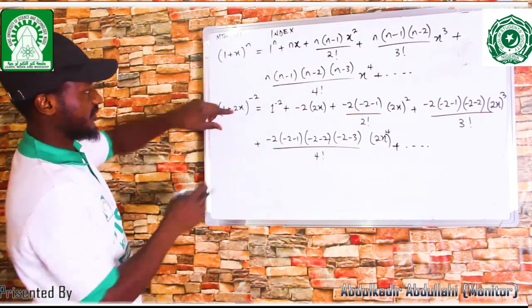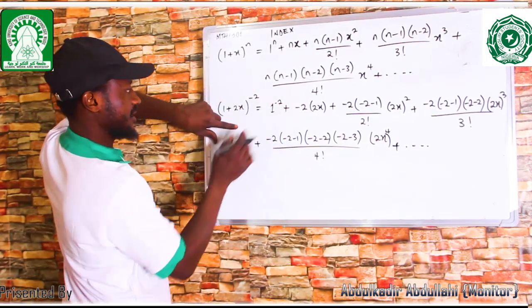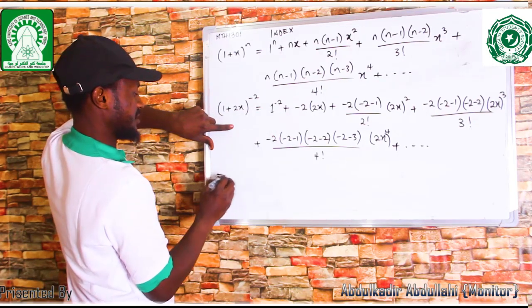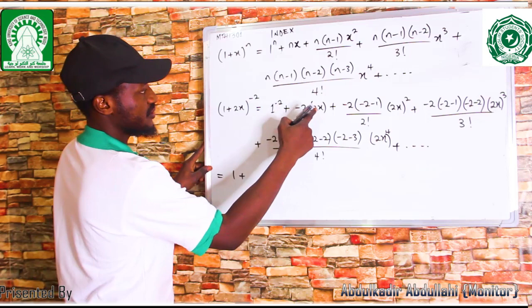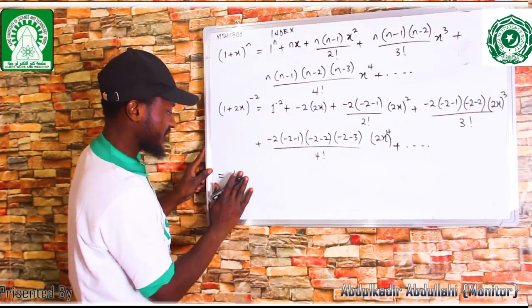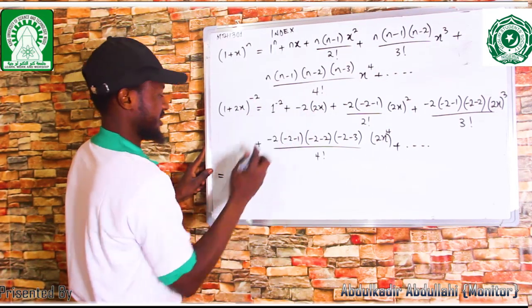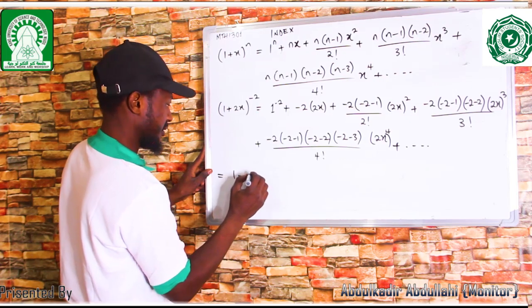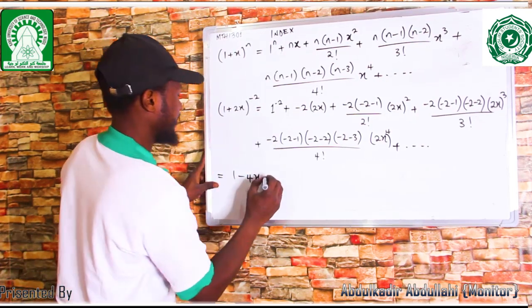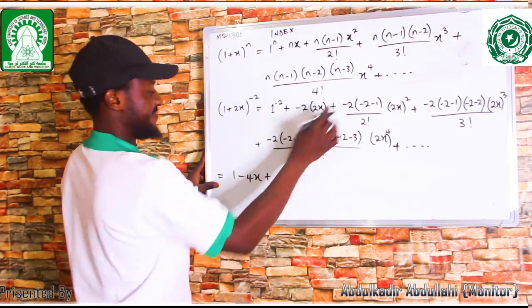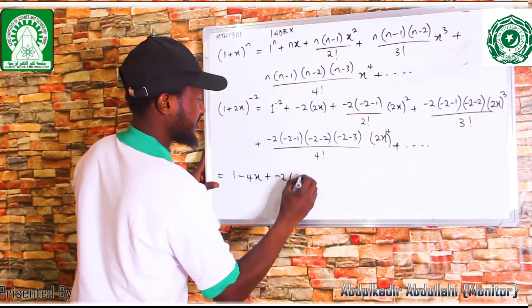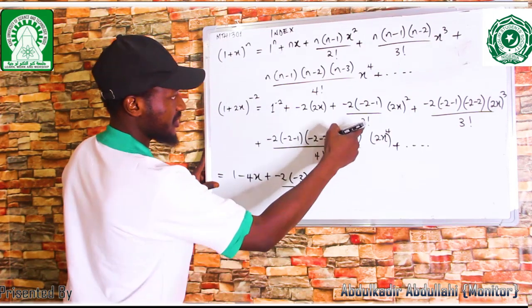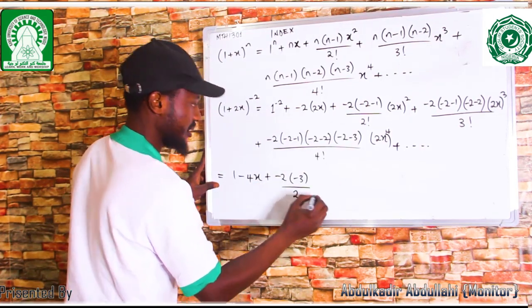So now let's simplify. 1 power this, 1 power anything is 1, plus minus 2 times 2x is going to give minus 4x, plus minus 2 into minus 3 over 2 factorial is 2 times 1, which is 2.